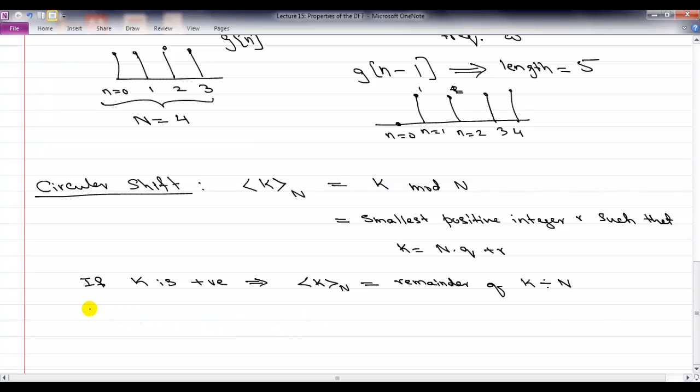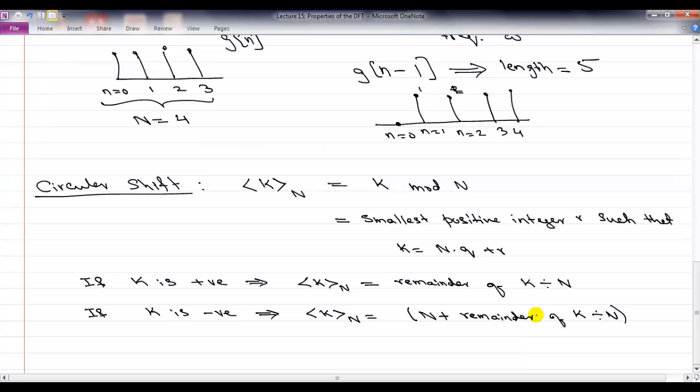But if k is negative, then you have to define k mod n as capital N plus the remainder of k divided by n. Of course, the remainder of k divided by n is always a number smaller than n, right?